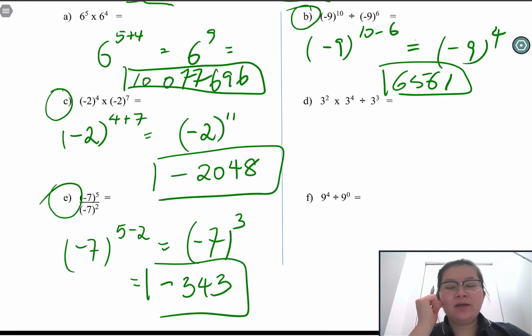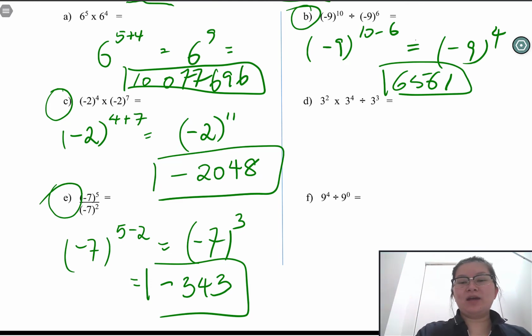When you are dealing with D, or anything where you have a combination of multiplication and division, BEDMAS is always going to be in effect. So let's follow BEDMAS, where division comes before multiplication. We're going to have to do this first.